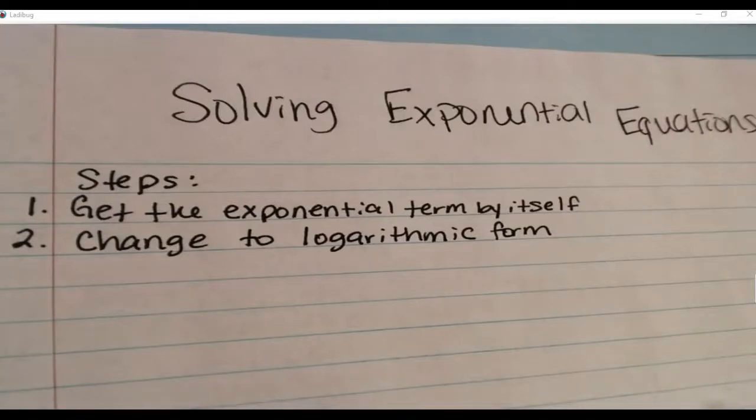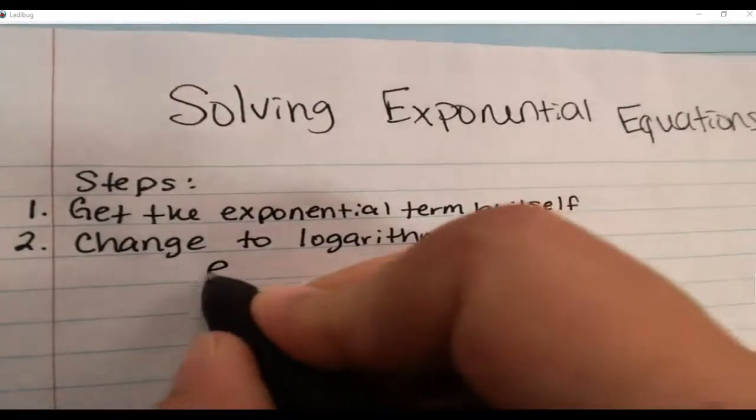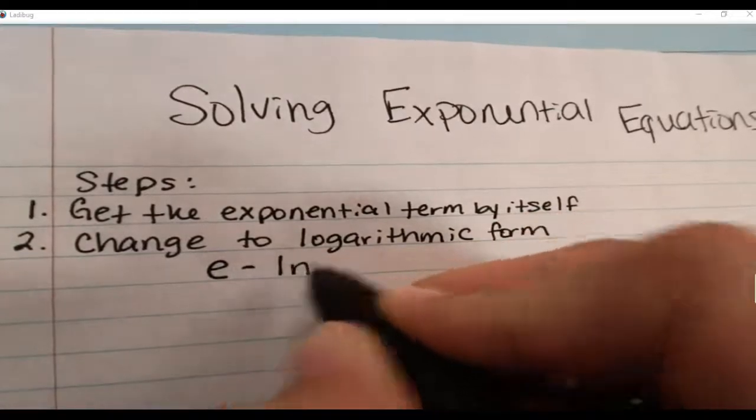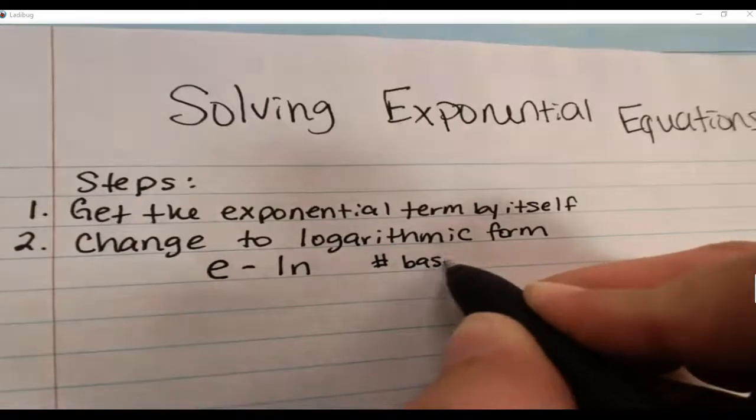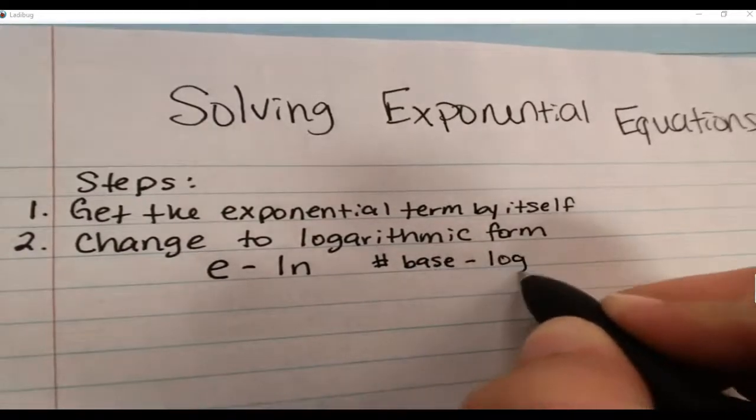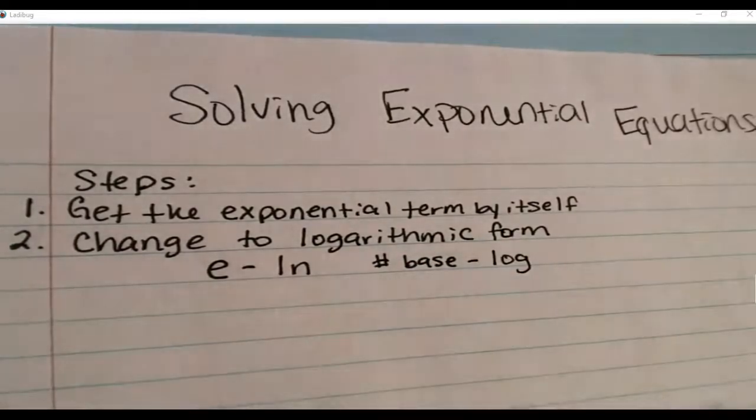Okay. So if it is an e, remember you change it to an ln. If it's a number base, then you're changing it to a log. So if it's an e, it becomes an ln. Anything else becomes log, base, whatever your number is. Just like what we did yesterday.